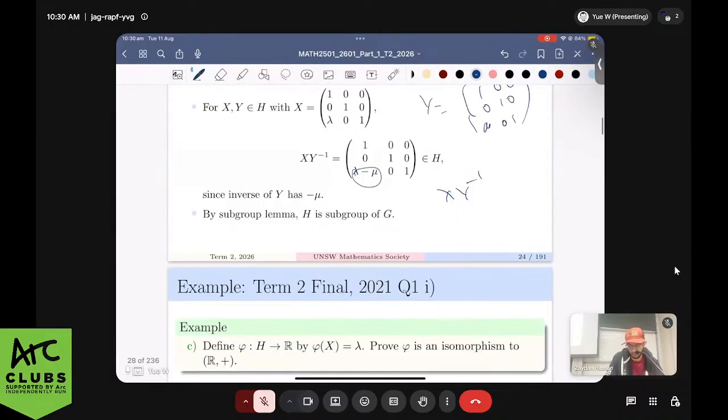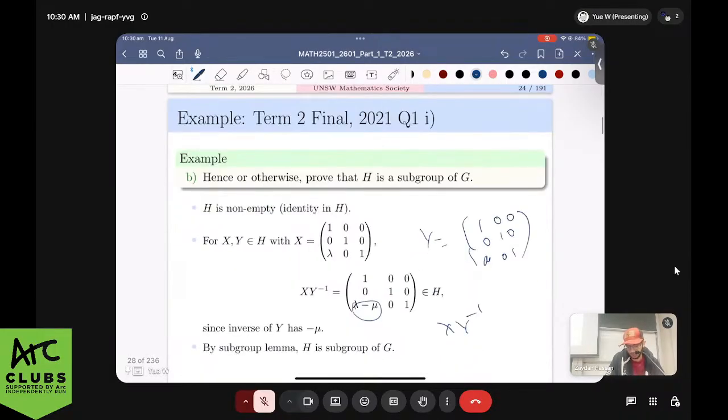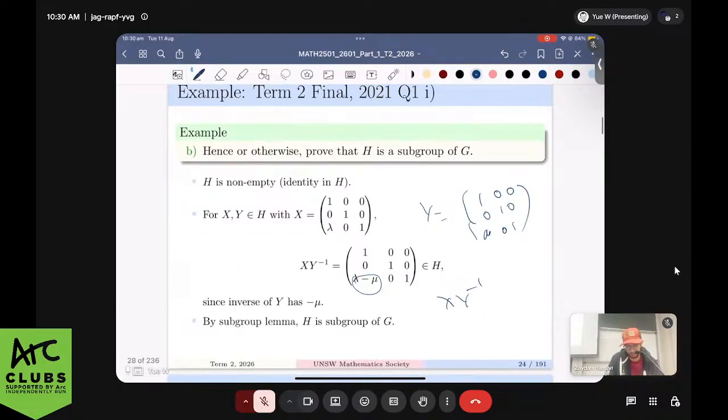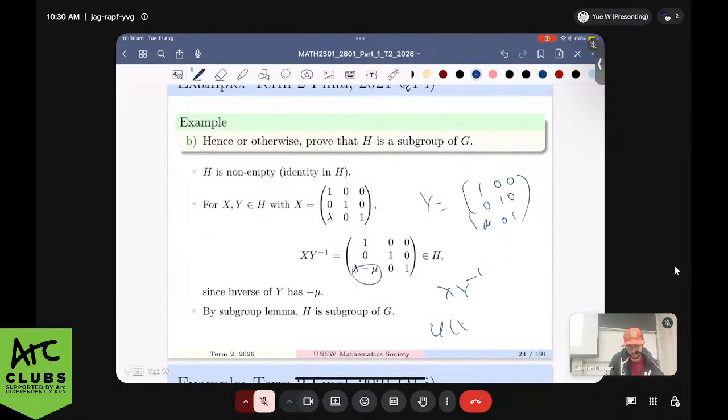Now, here you can check phi of xy. Oh, sorry, you can just say xy. From this calculation here, xy is going to be like 1, 0, 0, 0, 1, 0, I guess lambda plus mu, 0, 1.